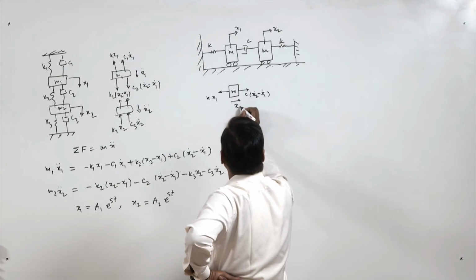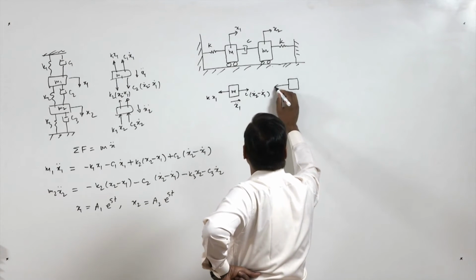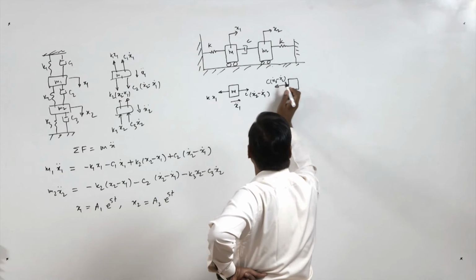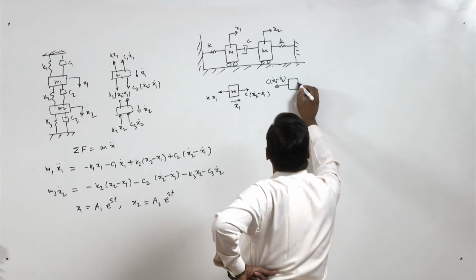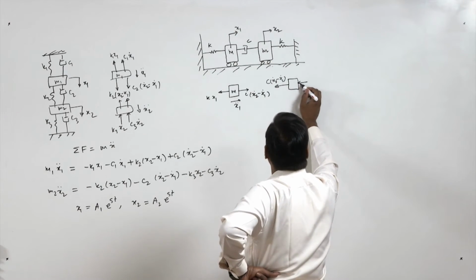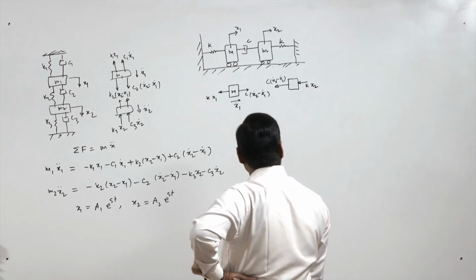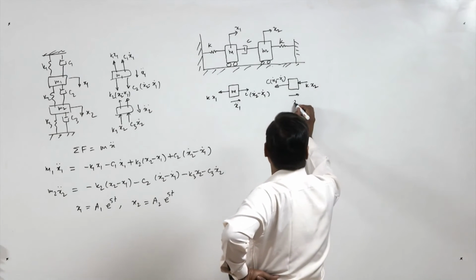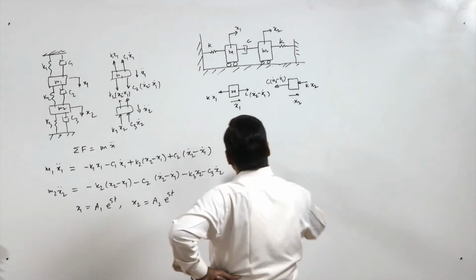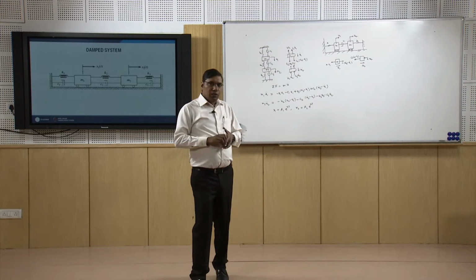Now the second mass will have the same force, C (x2 dot minus x1 dot), but in the opposite direction, and this is the spring, because when it compresses it will apply a force K times x2. So we can write the equation of motion for this system.